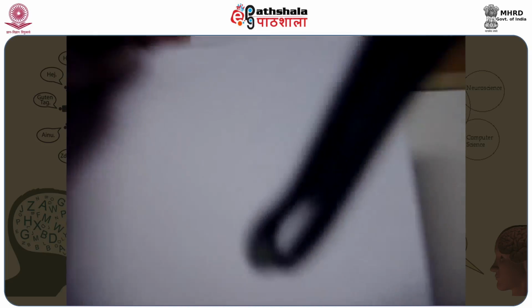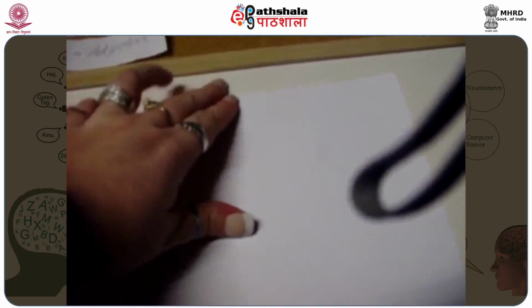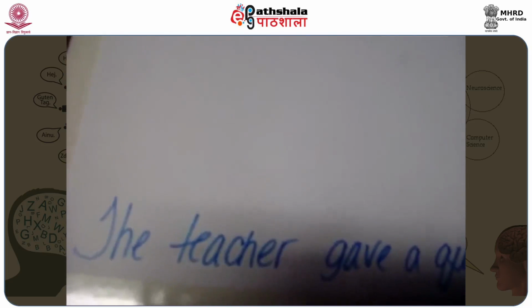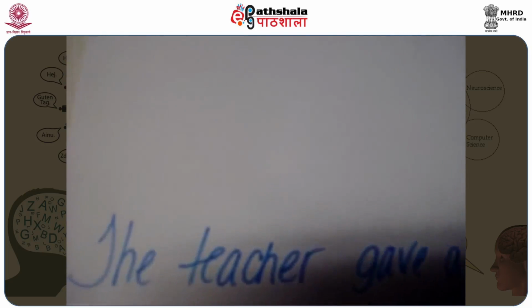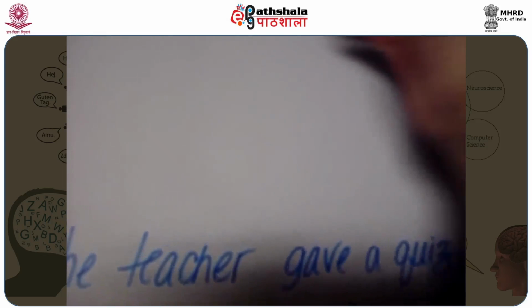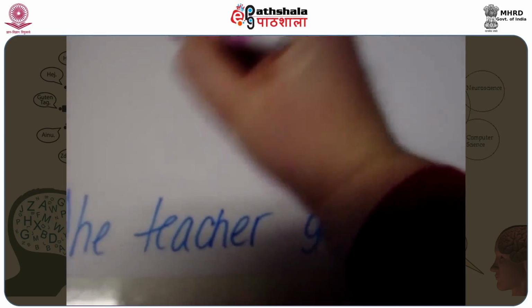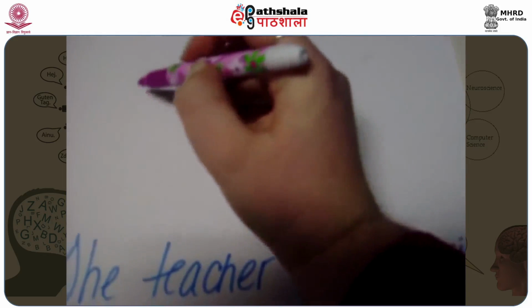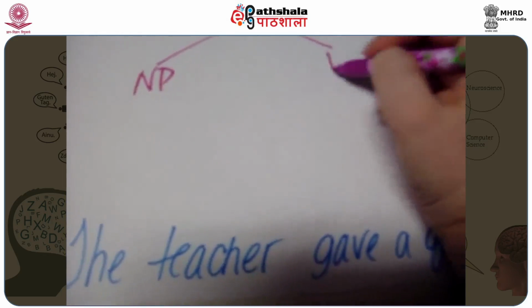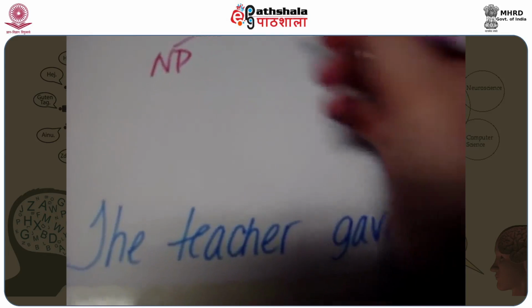All right, let's try one more. In this sentence, we have the teacher gave a quiz. So we have all three basic parts of a sentence. We have our noun phrase and our verb phrase.